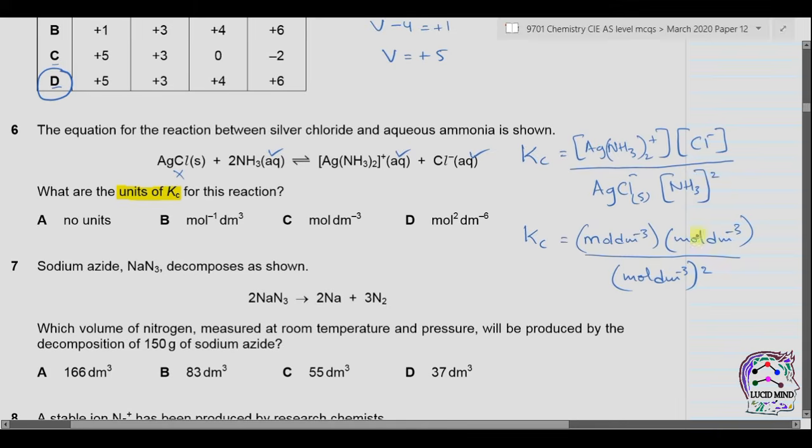Ammonia has 2 moles, so we square this one. Now all of them will cancel out and there will be no unit left behind. So the answer is part A, no unit.